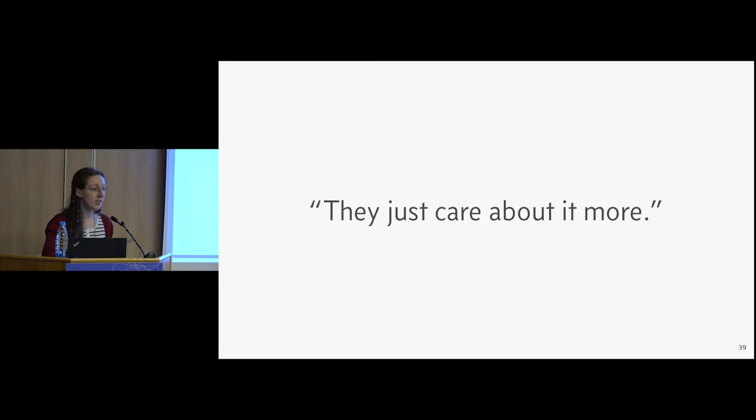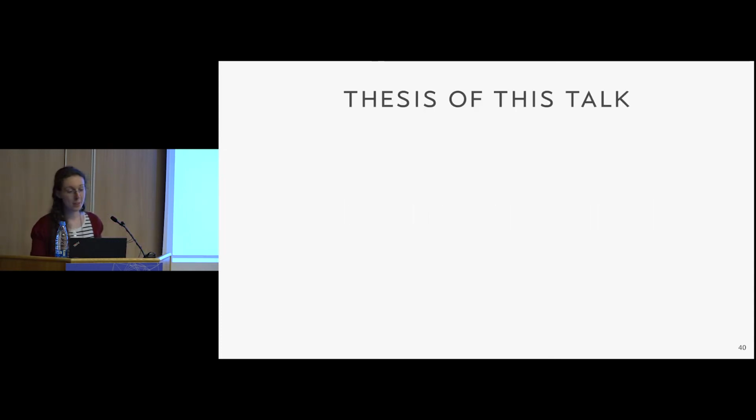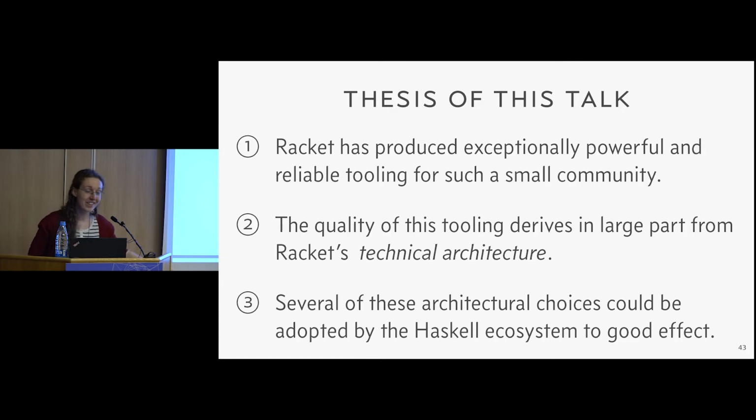And I think that's true to some extent, right? It's certainly the case that due to its history as an educational project, there was a lot of initial work in this direction. But I don't think it's the full explanation. And so this finally brings me to the thesis of this talk, which has 3 parts. The first is that Racket has produced exceptionally powerful and reliable tooling for such a tiny community. 2, the quality of this tooling is not just social.